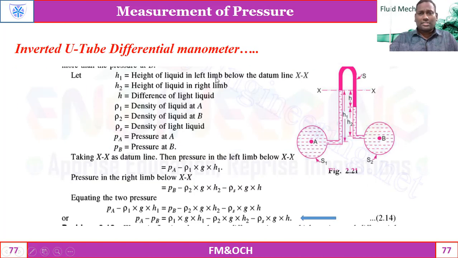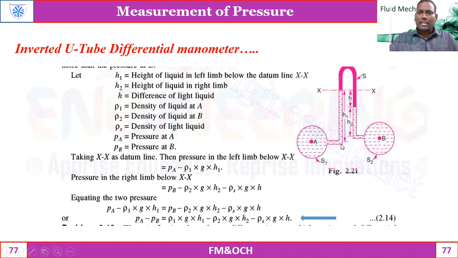The derivation is shown here. Consider h1, h2 as the heights of liquid in the left and right column. h is the difference of mercury level. Rho 1 is the density in pipe A, rho 2 the density in pipe B. Now taking xx as datum, I am considering this data.